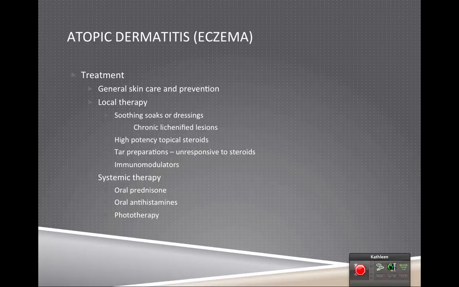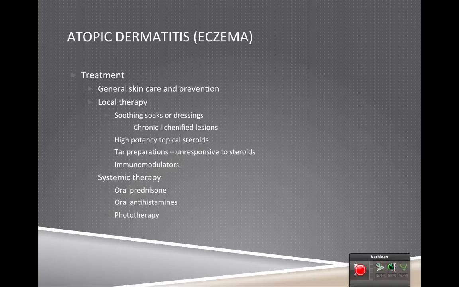General skin care and prevention. Local therapy is soothing soaks or dressings. For chronic lichenified lesions, you want to use high potency topical steroids. If they don't work, you most likely will go to tar preparations if they're unresponsive to steroids. And then immunomodulators are also an option.